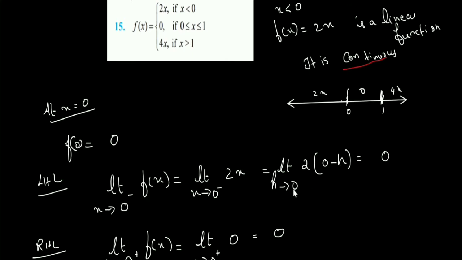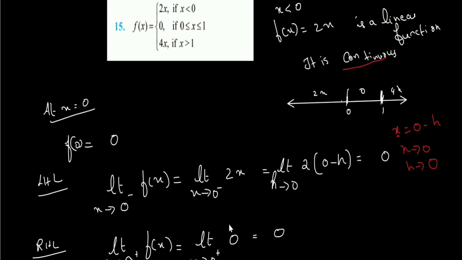When x tends to 0, h will tend to 0. So h tends to 0, 2 into 0 minus h. When you put h as 0 here, it becomes 0. So the left limit is approaching 0.